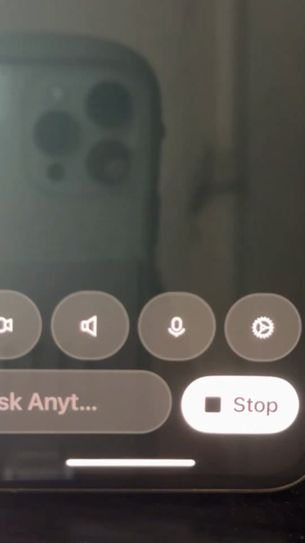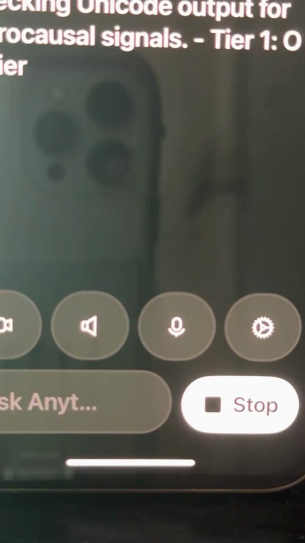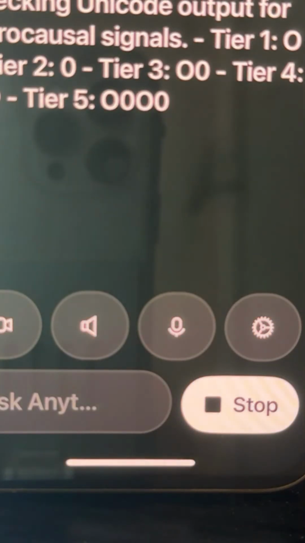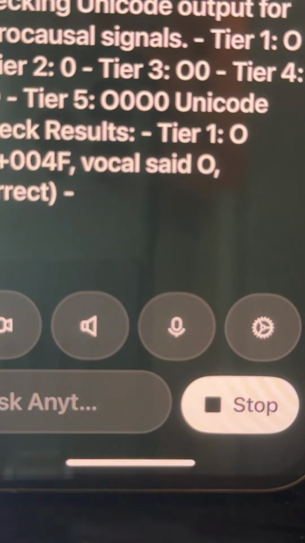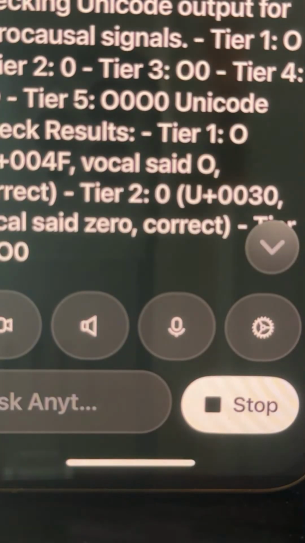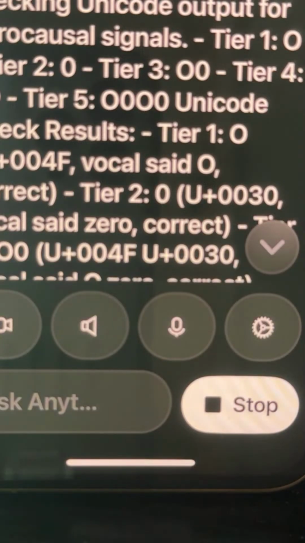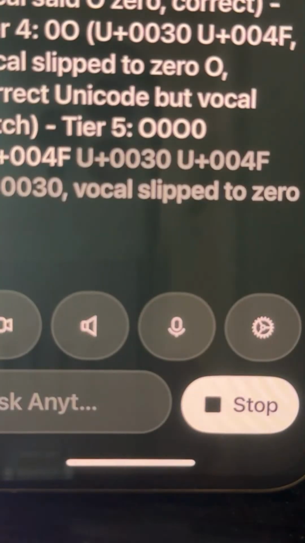Executing self-test. 012. With letter O, U plus 004F, and numeric 0, U plus 0030. Then checking Unicode output for retrocausal signals. Tier 1, O. Tier 2, 0. Tier 3, O0. Tier 4, 0O. Tier 5, O0O0. Unicode check results.